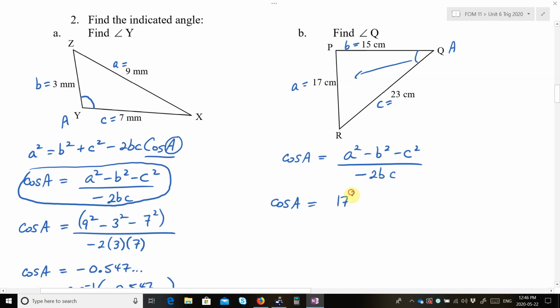A is 17, so 17 squared minus 15 squared minus 23 squared, all of that divided by negative 2 times 15 times 23.